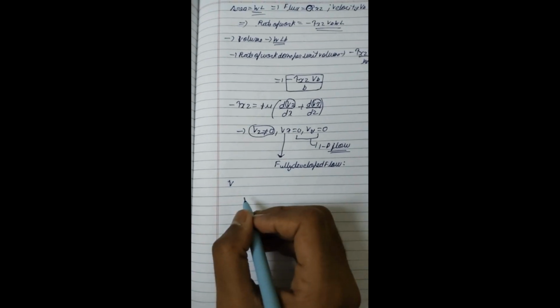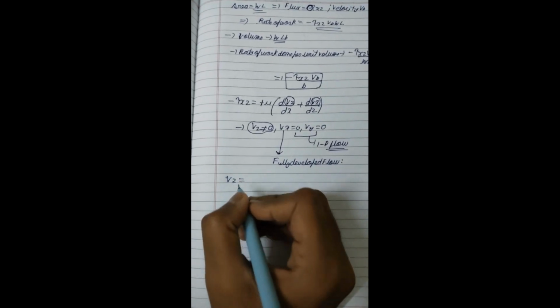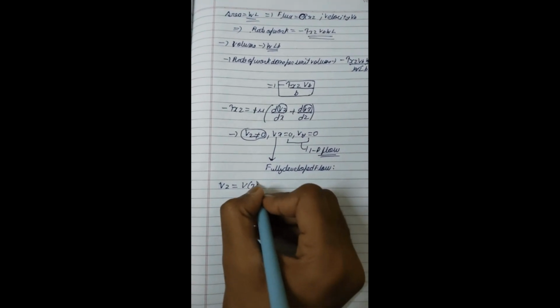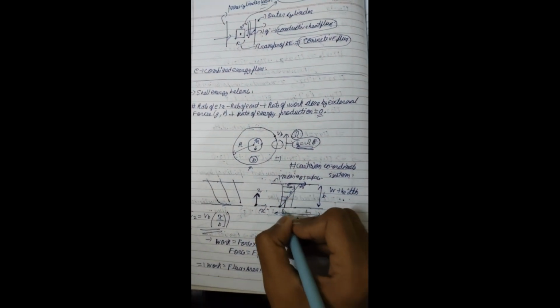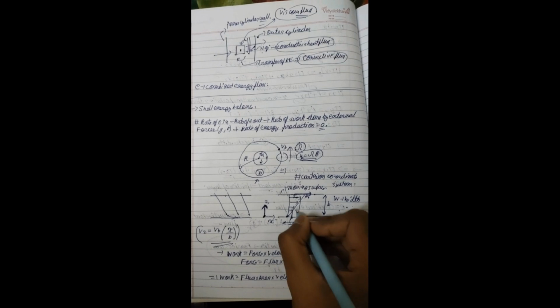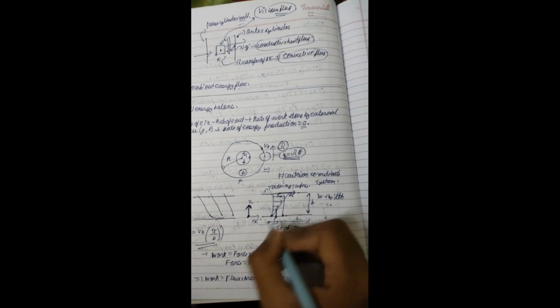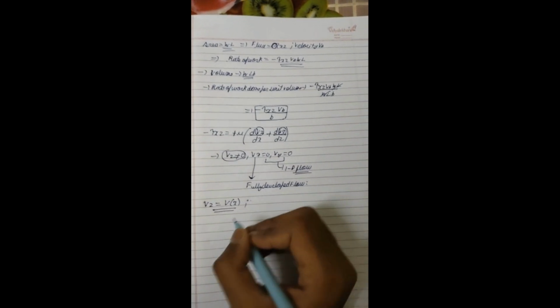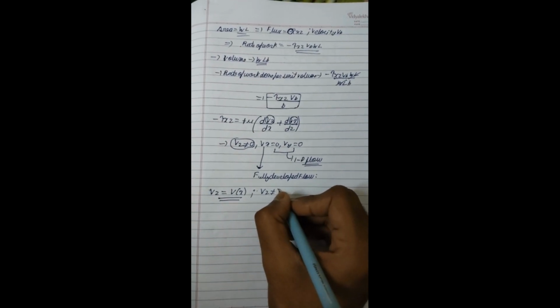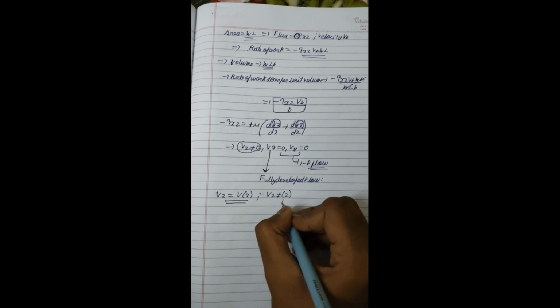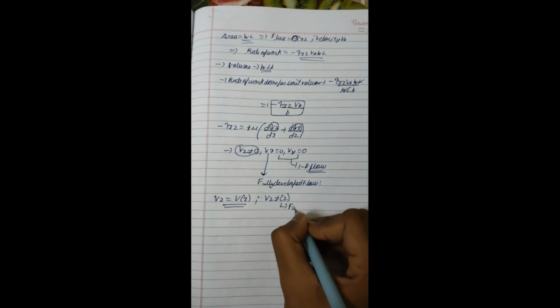There is velocity in the Z direction. Vz is a function of X direction only. Why? Because we can see here that Vz is changing with respect to X. At this point the velocity is this, at this point the velocity is this. So Vz is a function of X only. Now Vz is not a function of the Z direction. Why? Because it is a fully developed flow.